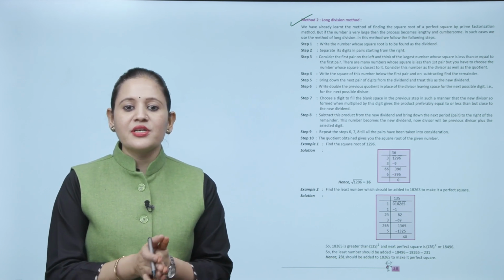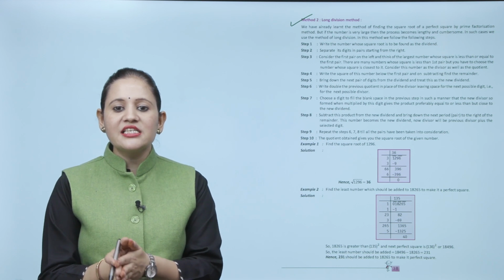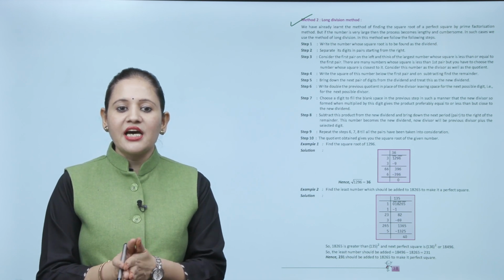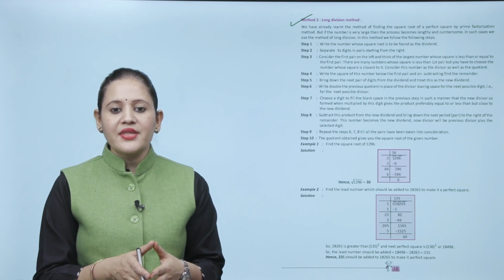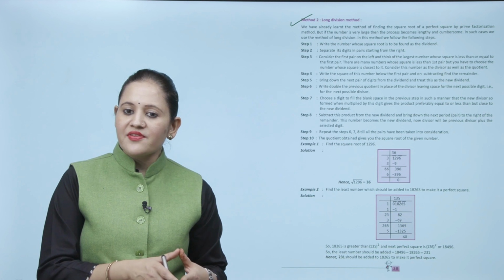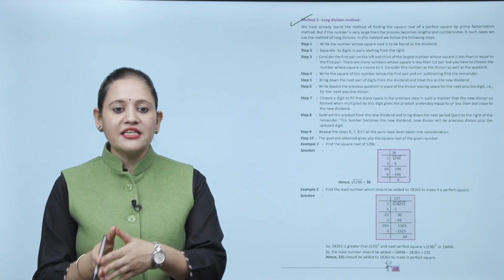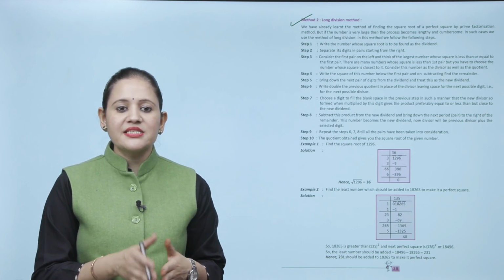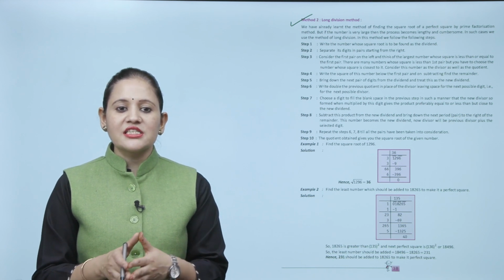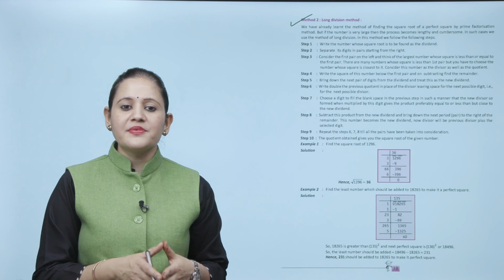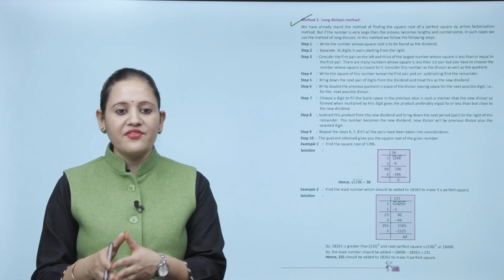Subtract the product from the new dividend and bring down the next pair to the right of the remainder. The number becomes the new dividend. Now the divisor will be the previous divisor plus the selected digit. Repeat the steps till all the pairs have been taken into consideration. The quotient obtained gives you the square root of the given number.